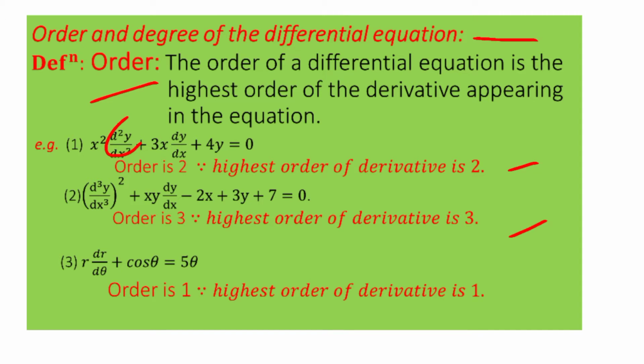Third example, r into dr upon d theta plus cos theta is equal to phi theta. Here the highest order of the derivative is 1. So order is 1.